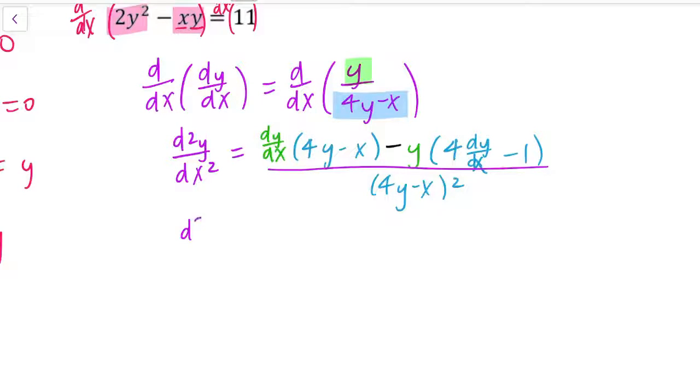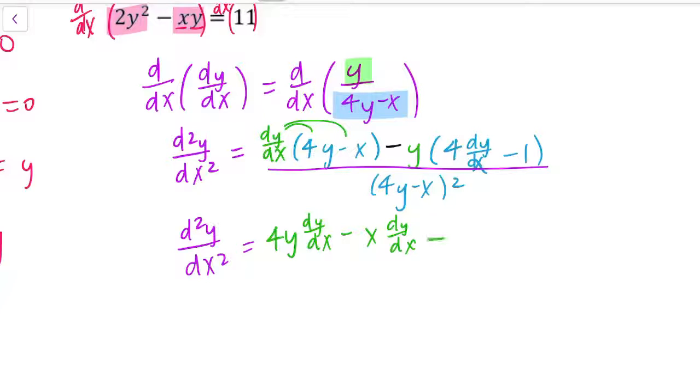So d squared y dx squared equals, okay, 4y dy dx minus x dy dx minus 4y dy dx. Hey, that's going to cancel. Minus negative y plus y, all over the bottom squared.